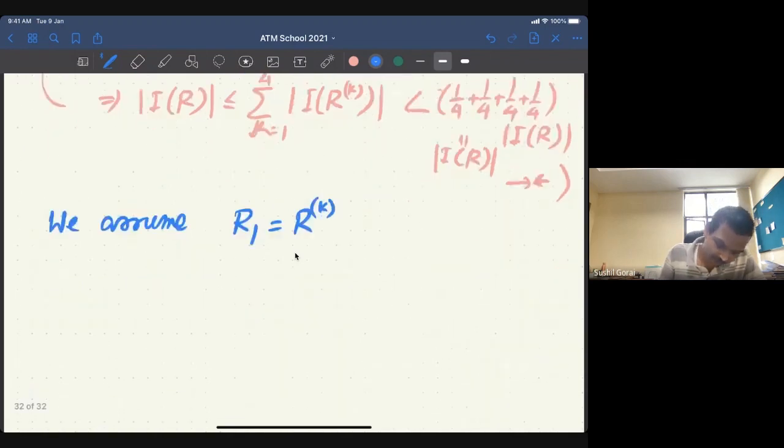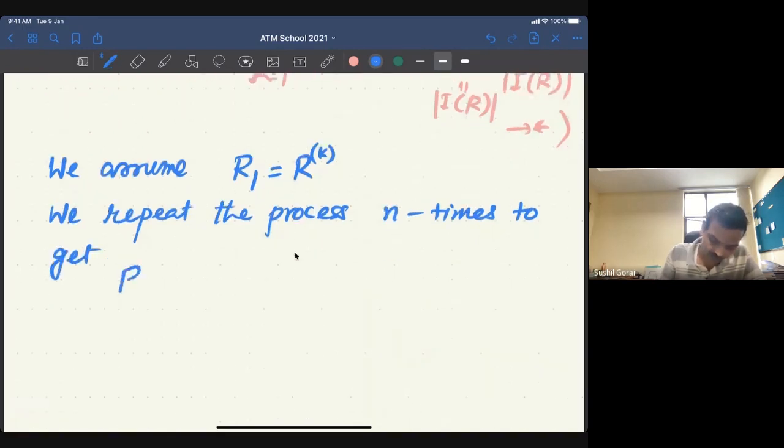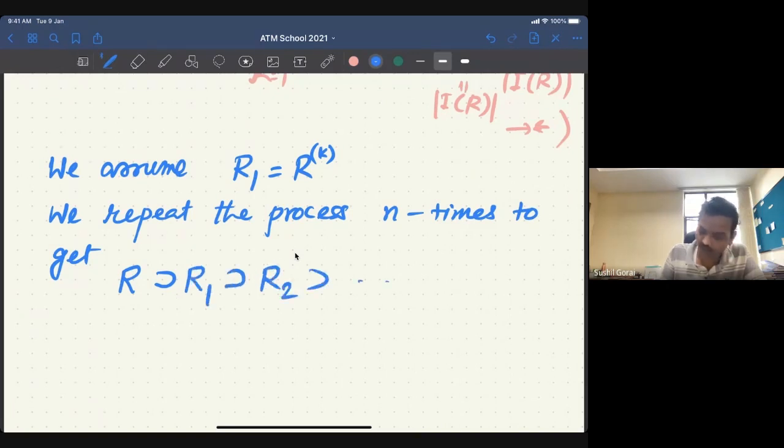Okay. Now we repeat the process. Repeat the process n times to get the rectangles, so R contains R1, R2, and so on, Rn, right?